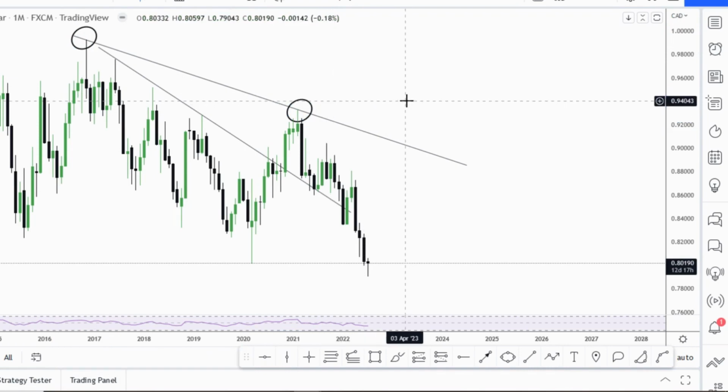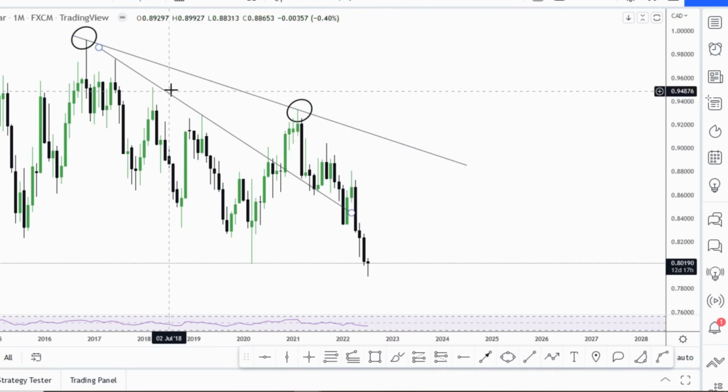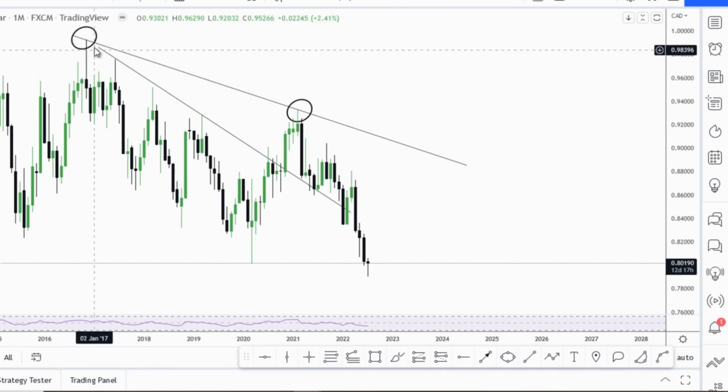Now there's something I really want to bring to your attention. I've been in this industry and I've seen a lot of things. Most people like to draw the trend line using the body of the candle. Others try to use the tip of the wicks of the candle.